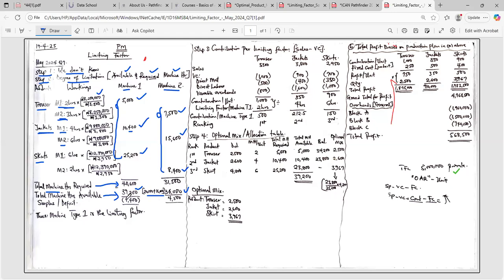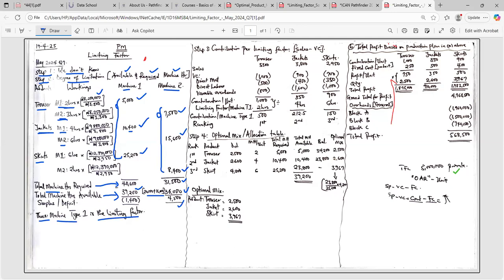We have a deficit of 1,400, which is in brackets. But for machine type 2, we require 31,500 and what is available is 36,000. It means there's a surplus of 4,500. Thus, machine type 1 is the limiting factor.